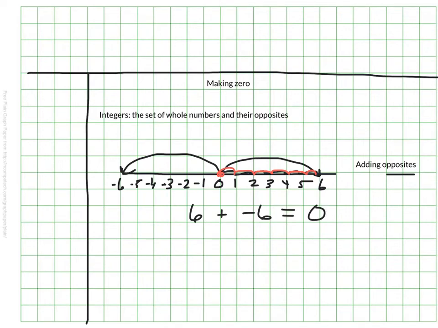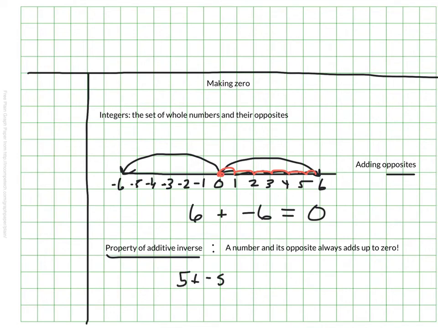And this is always true, and there's a mathematical term for this. We call this the property of the additive, as in adding, inverse, as in opposites, so adding opposites. Which means that if we add 5 plus -5, the opposite, we know that's automatically going to be 0. Or 11 plus -11, we automatically know that will be 0.